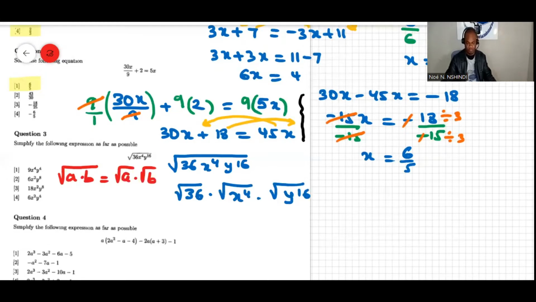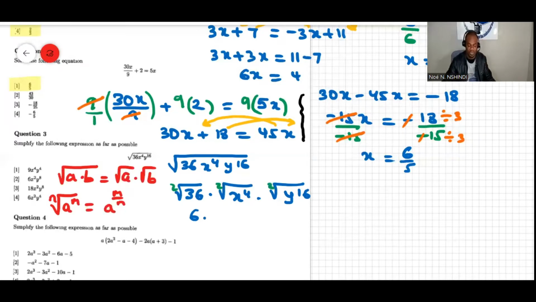Another rule says that the nth root of a to the m is equal to a to the m over n. Now, 36 can be simplified. The square root of 36, if you check the calculator, you're going to get 6. And when you don't see any index on the root, understand that the root is a square root, so there's a 2 here, a 2 there, and a 2 there also.